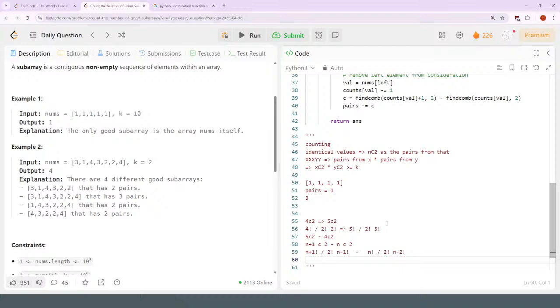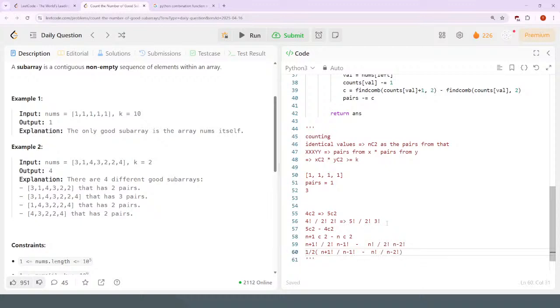And then, is there a common factor within that? So you could pull out 1/2 from both. That will remove the 2 factorial from the denominators of both. So that'd be n plus 1 factorial divided by n minus 1 factorial, minus n factorial over n minus 2 factorial. So that'd be 1/2 times n plus 1 over n minus 1 factorial.